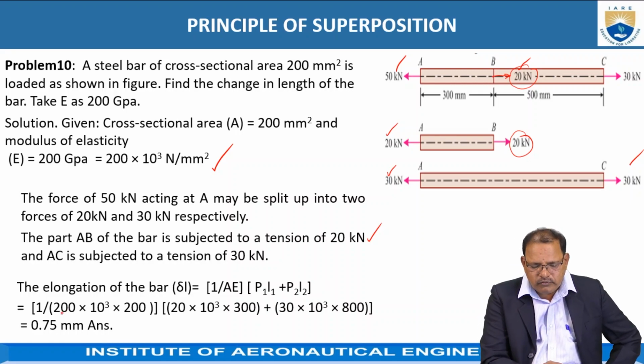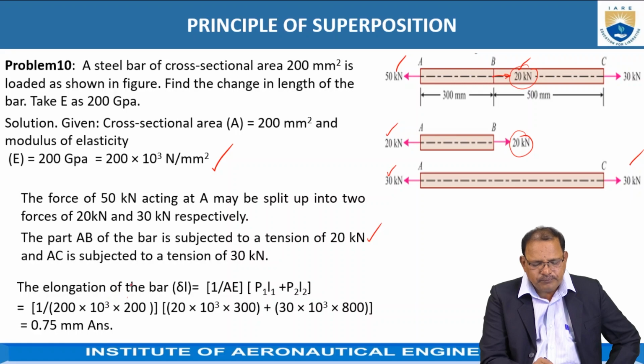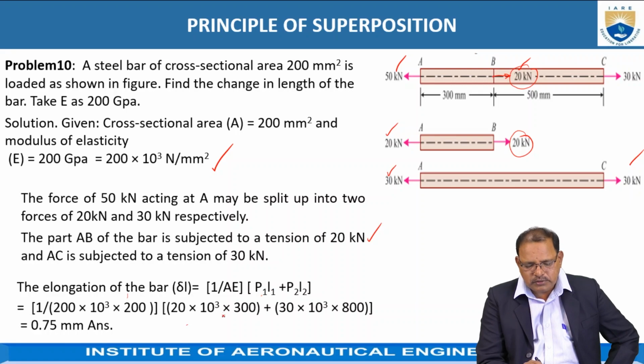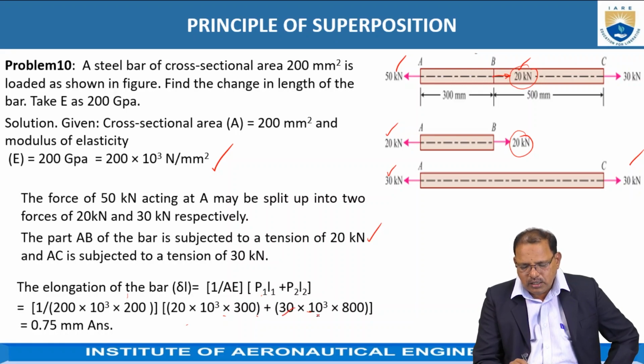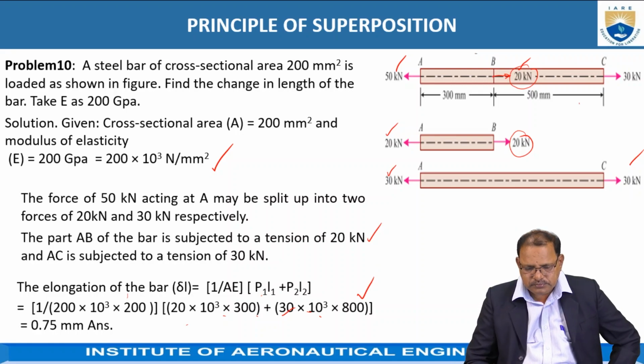Here 1 by AE is constant for the entire bar, with E equal to 200 into 10 to the power of 3, into P1L1, 20 into 10 to the power of 3 into 300, plus P2L2, where P2 is equal to 30 into 10 to the power of 3, and the remaining length is 300 plus 500, equal to 800. So, it is equal to 0.75 mm.